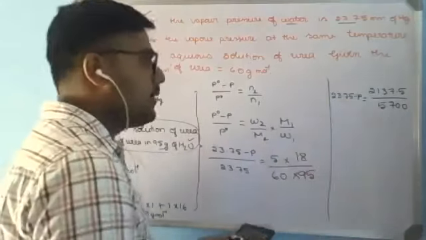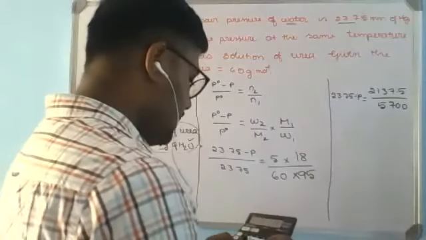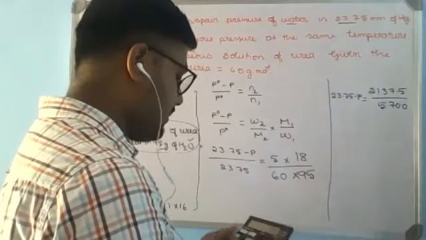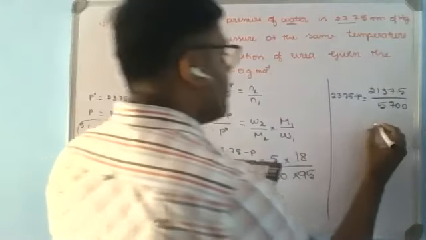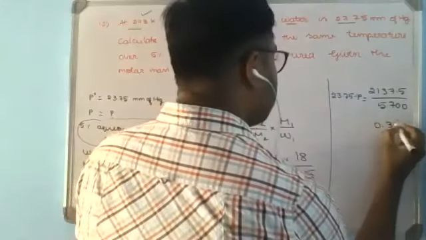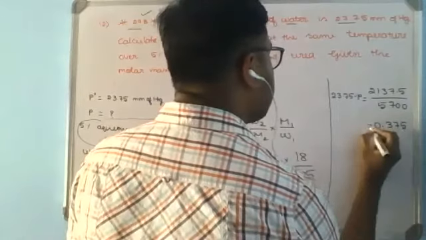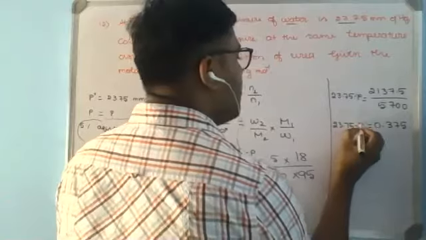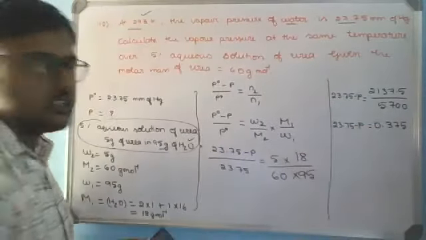So we'll divide that value. 2137.5 divided by 5700 is 0.375, which is equal to 23.75 minus P. We'll rearrange now.